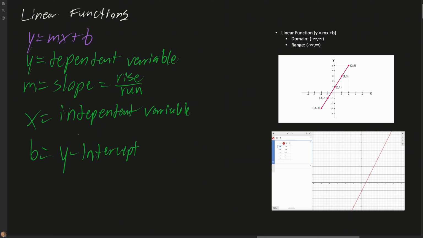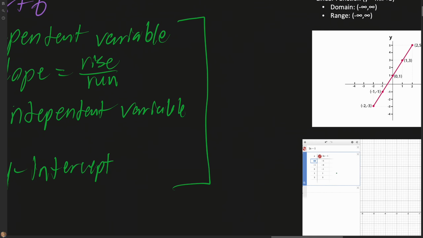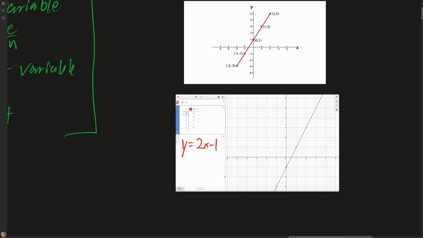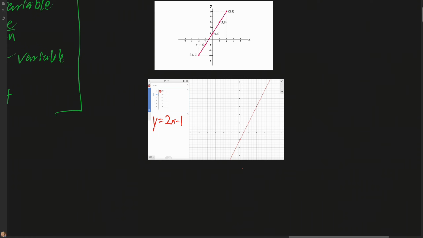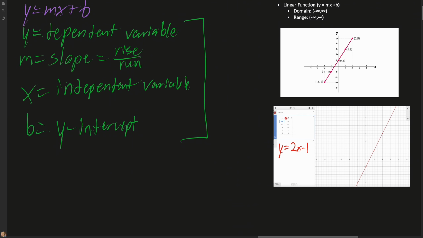Breaking down what we have here, if we were to pinpoint a given example, let's say we have an equation of y is equal to 2x minus 1. Whenever we break down this equation, we notice that we have y, the dependent variable.